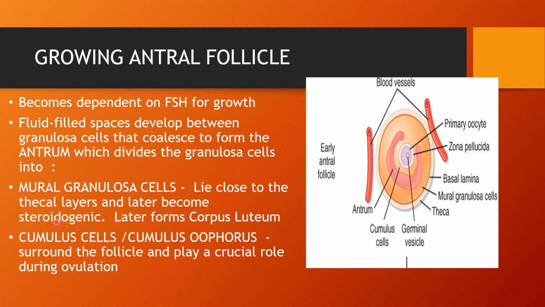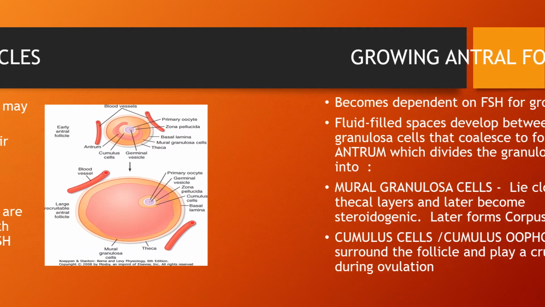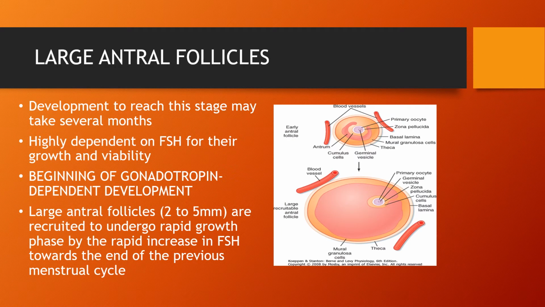Okay, the mural granulosa cells and the cumulus cells or cumulus oophorus. And later on, they will develop into the large antral follicles, and development to reach this stage may take several months.